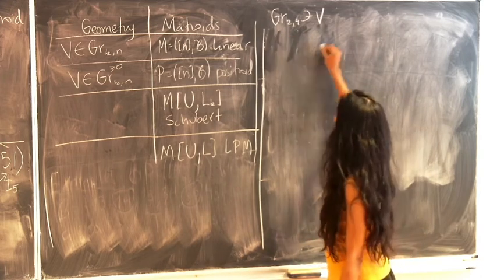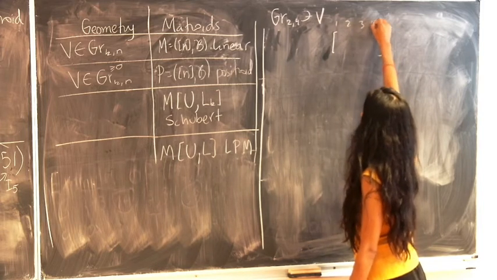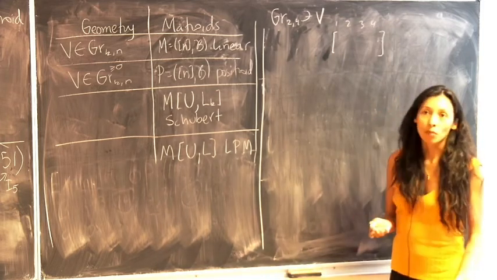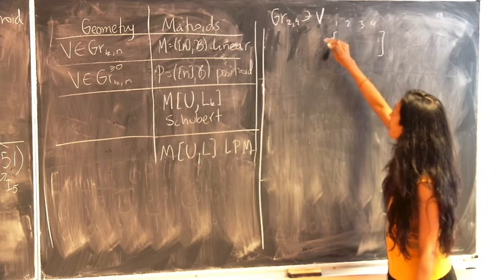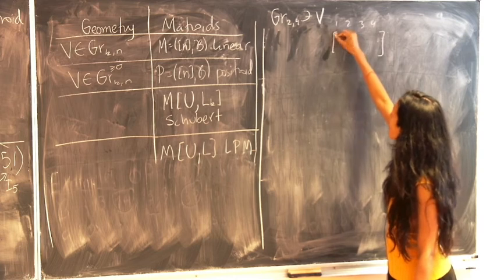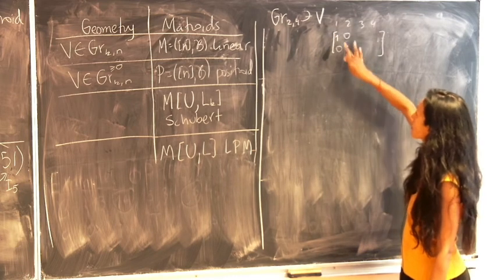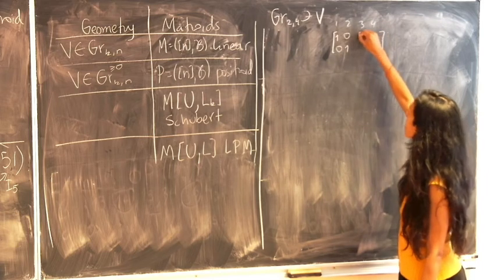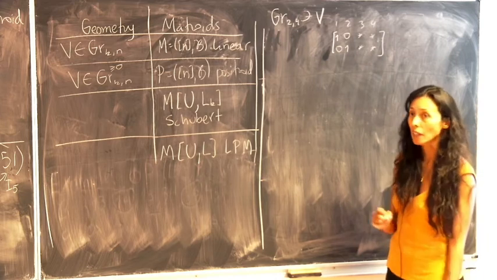1, 2, 3, 4. So one thing that may happen is that if I take a matrix that represents V and I row reduce, the pivots are in the first 2 columns. If pivots are in the first 2 columns, my reduction looks like this, with stuff here. Okay, that's one option.